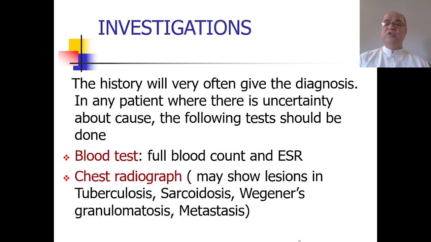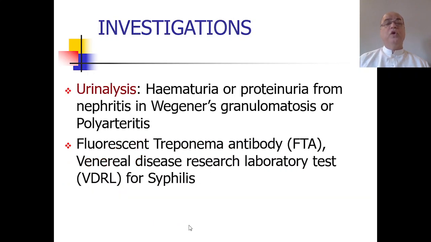So again, I am reiterating that it does not mean that all these investigations will be ordered in each and every patient. No, it will depend upon history and clinical examination, and according to the provisional diagnosis, the clues which we get from history and clinical examination, we will request these investigations.